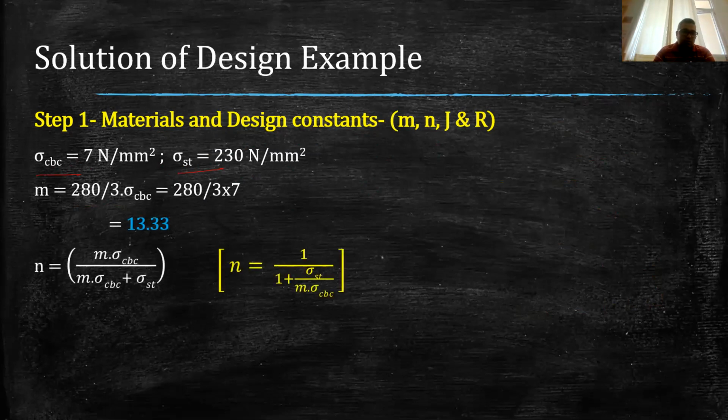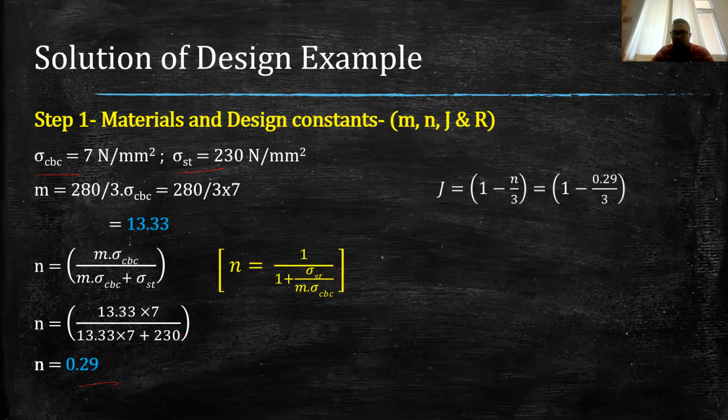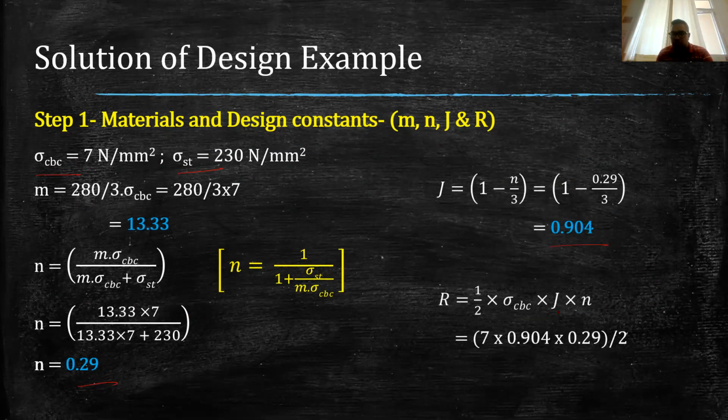Then using the relation for N, we calculate the N value, which is 0.29. Similarly, the J value is 0.904, and the R value is 0.91. So these are our four design constants that are generally used in our calculation.